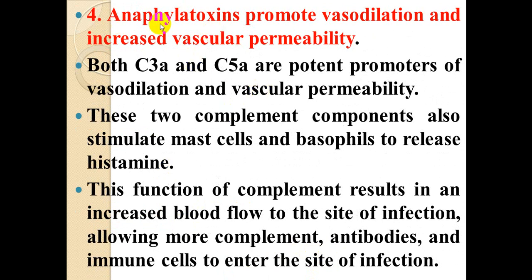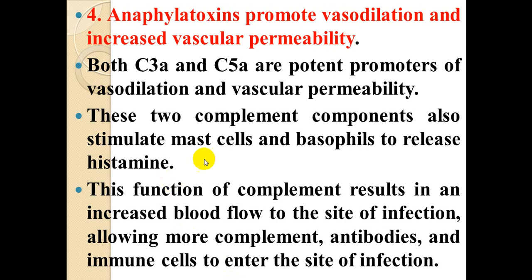The fourth function of the complement system is the anaphylatoxins, which promote vasodilation and increase vascular permeability. Certain factors of the complement system, like C3a and C5a, are potent promoters of vasodilation and vascular permeability.